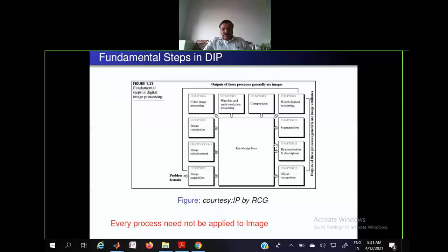And in the center here, you see a bigger area called knowledge base. So you may be wondering what is the need of this block in image processing. See, let us assume that I am working on maybe a license plate recognition system. Let me just take the same example. Now, what is the knowledge that I need to have about the license plate? That is very important.